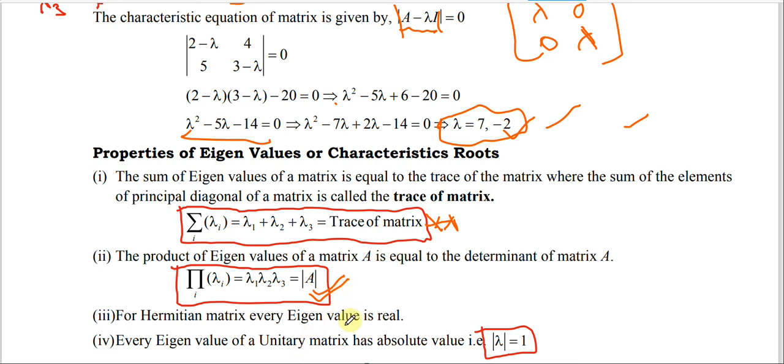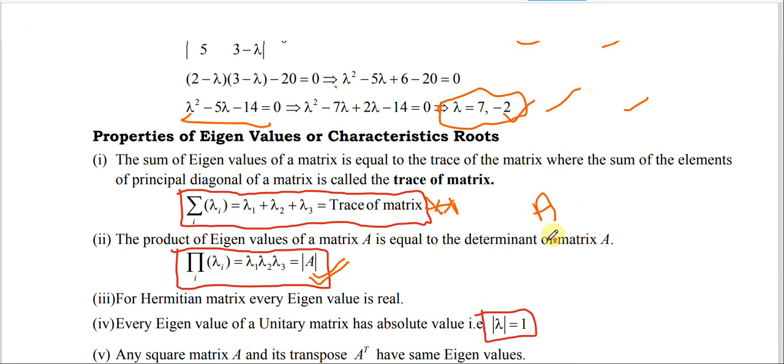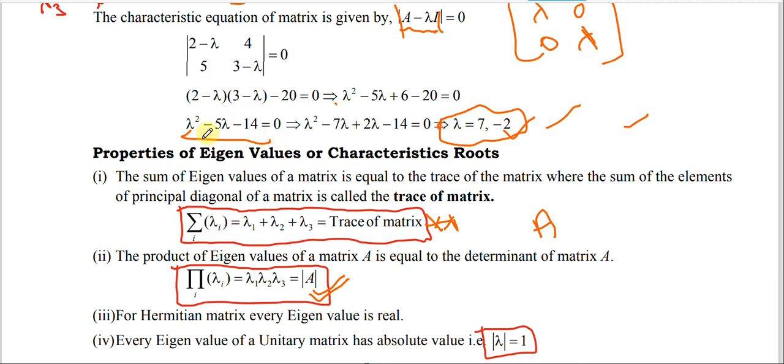It means if we have a matrix whose characteristic equation is given, what will be its determinant value? How will you find the product of the roots? If a quadratic equation is given, what is the product of the roots? It is c by a, so minus 14 will be its determinant value, and the trace of the matrix is the sum of the roots, minus b by a, so 5.